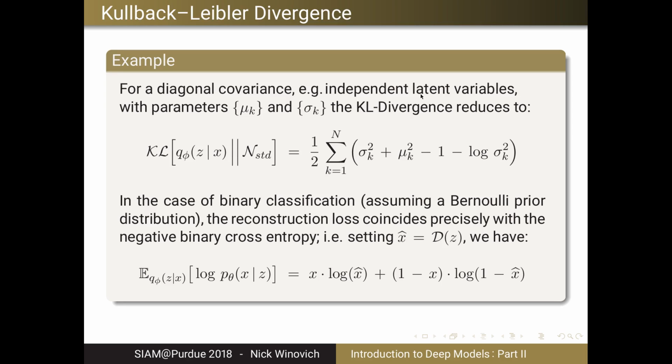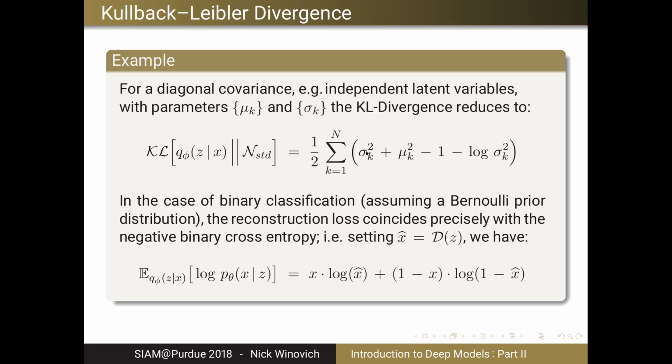This is referred to as disentangled, so there's no relation between them. They're distinct variables which control distinct aspects of the data, which implies that we have a diagonal covariance. So we can actually compute this KL divergence, and it's a very easy formula to implement.